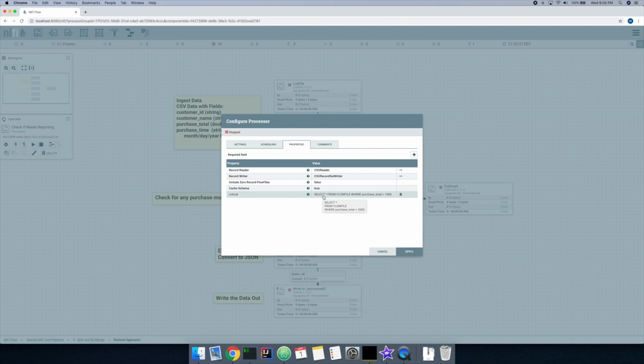So in this case, all we really want to do is pick out any records that have a purchase total of more than 1,000. And so that's what this SQL says. Select asterisk, which means all of the fields from the flow file where the purchase total field is more than $1,000. So if there are any records that match that criteria, they're going to be written out to this critical relationship.